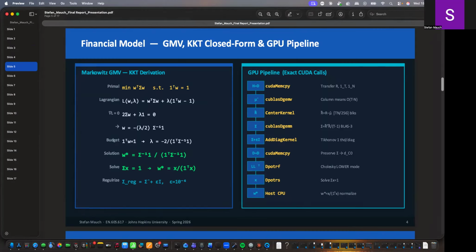As you see from the objective function, it's purely about minimizing risk under certain constraints. In practice there could be many more constraints, but this is very simple. So we have a budget constraint of one, meaning all the net weights of the portfolio need to sum up to one.